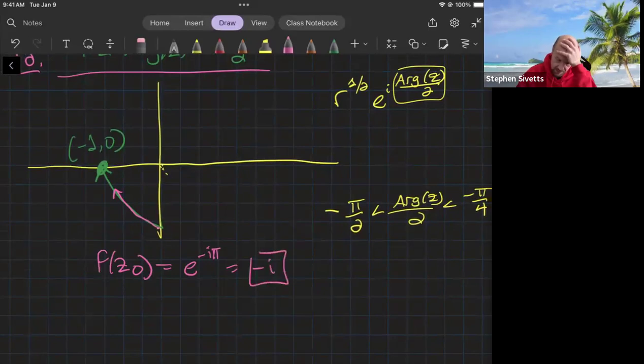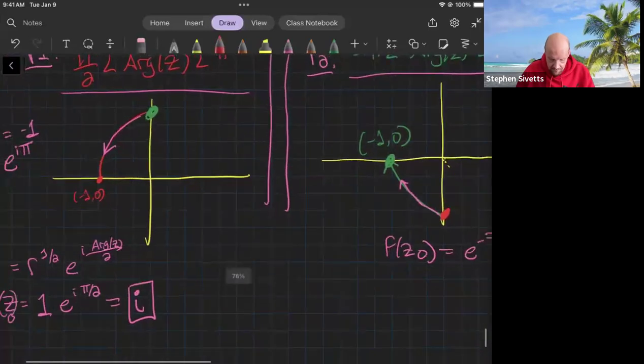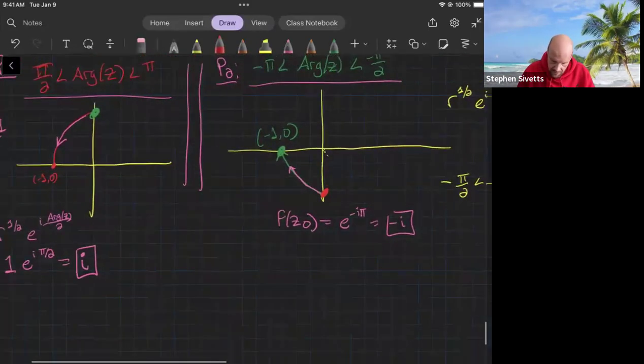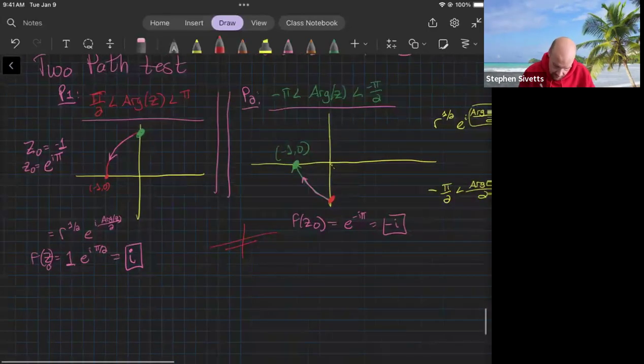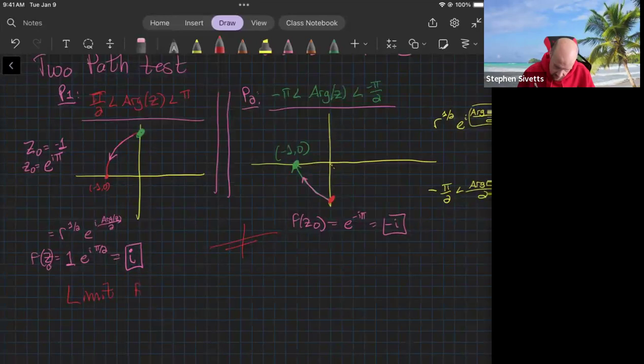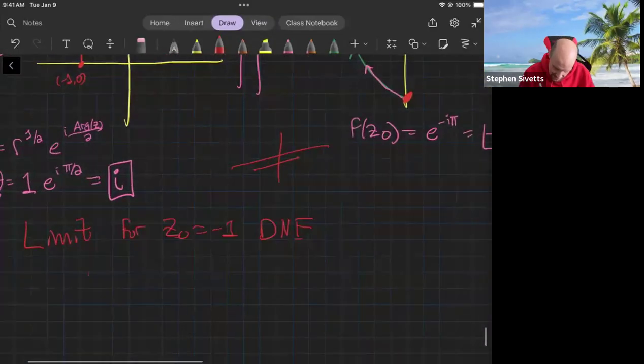So it'll be a point that's down here. Okay, so these values don't equal, so we can say that the limit for z naught equals -1 does not exist. Since that limit does not exist, f of z is discontinuous.